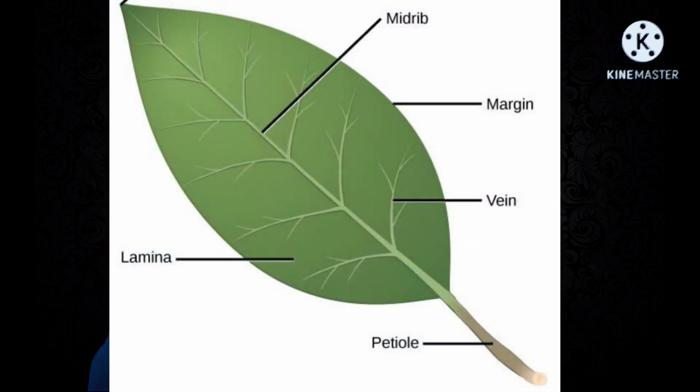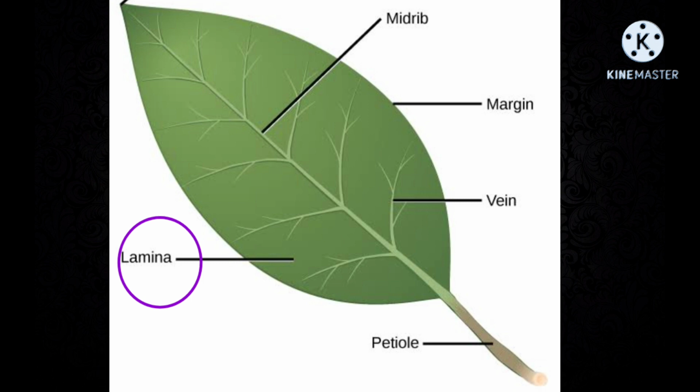What is it? The leaf. Now, look at the structure of the leaf. It gets attached to the stem, isn't it? The place where the leaf gets attached to the stem is called the petiole. You can see the broad part of the leaf, that's called the leaf lamina.